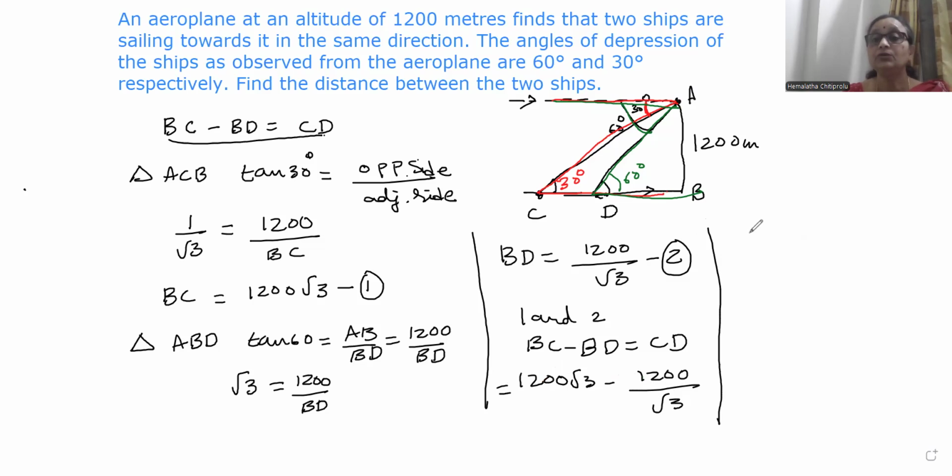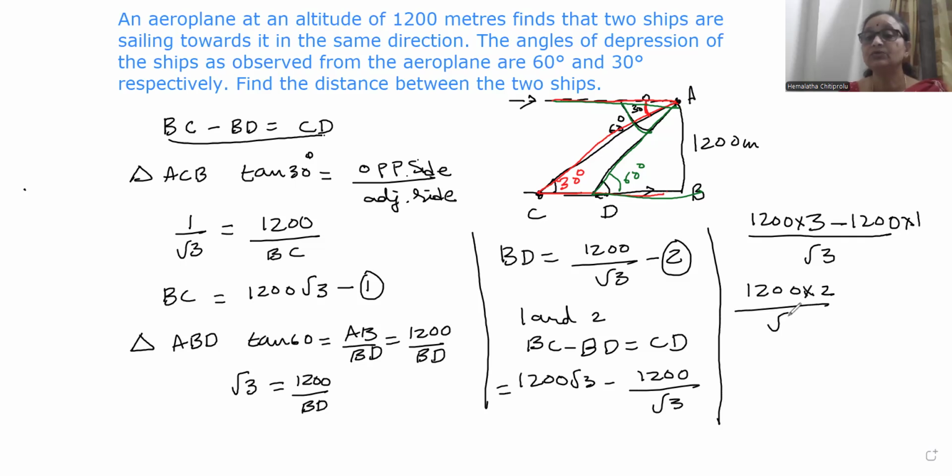Now we need to take the LCM, root 3. Root 3 into root 3 is 3. So, 1200 into 3 minus 1200 over root 3. No need to multiply. 3 minus 1 is 2. So we can write it as 1200 into 2 by root 3.